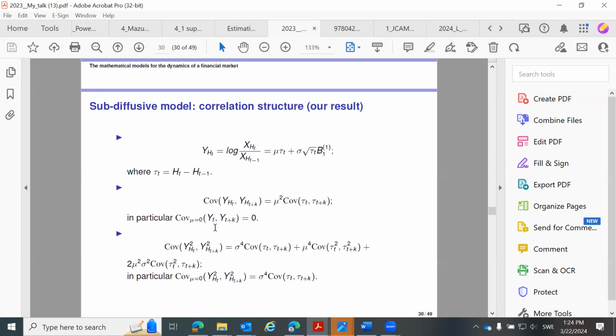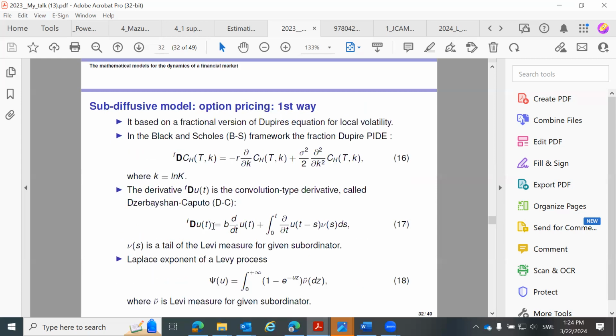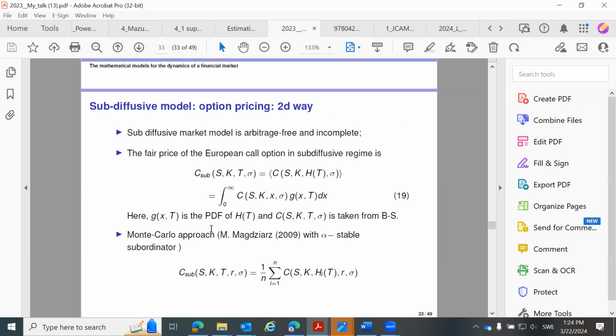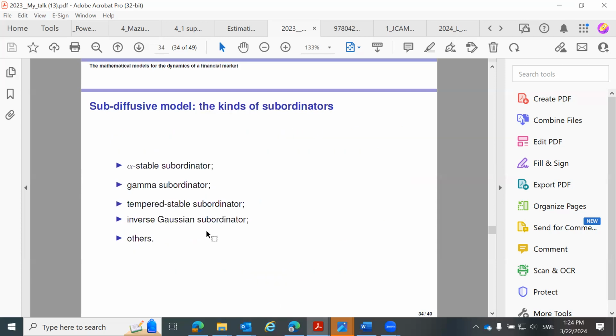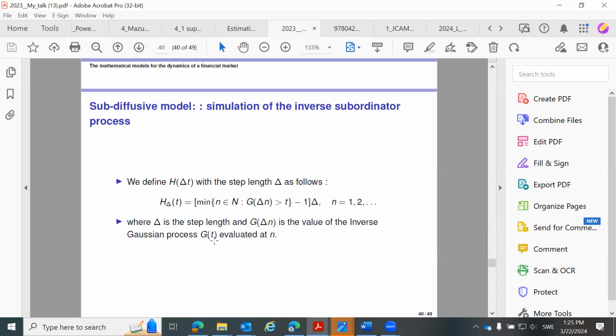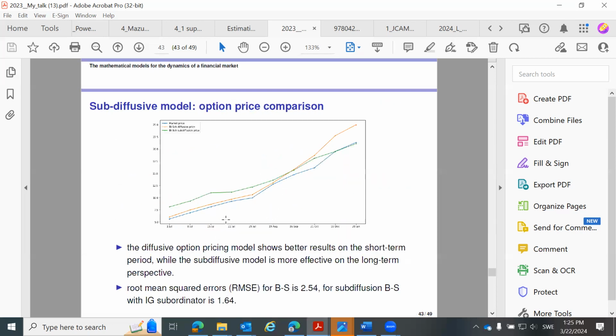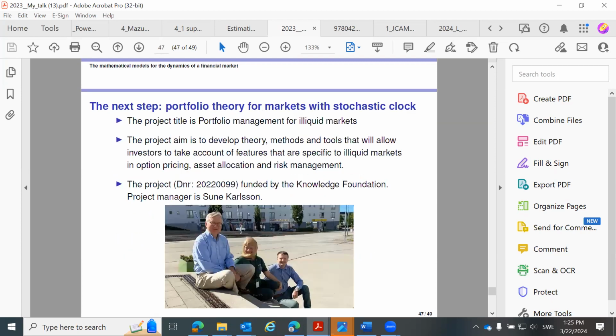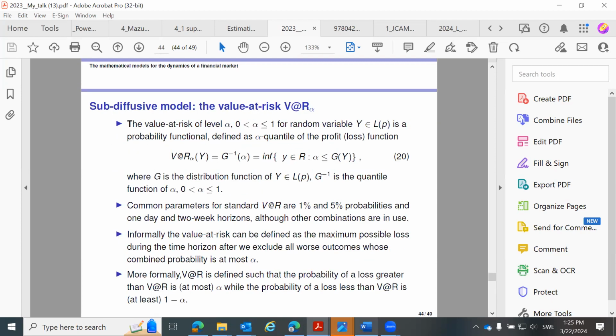And for this hitting time, we compute the correlation structure, and we compute the fair price for a call option, and compare the option price for this model with the option price for the Black-Scholes model, with premiums on the sides. So you see.